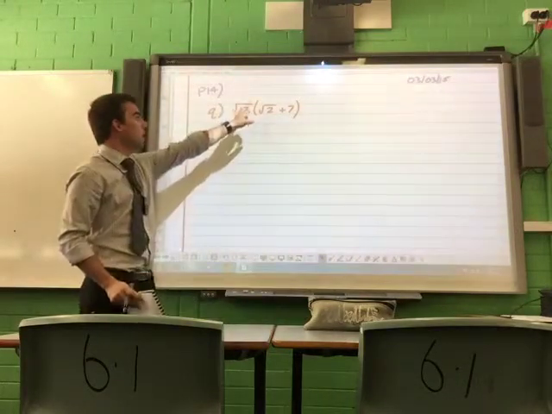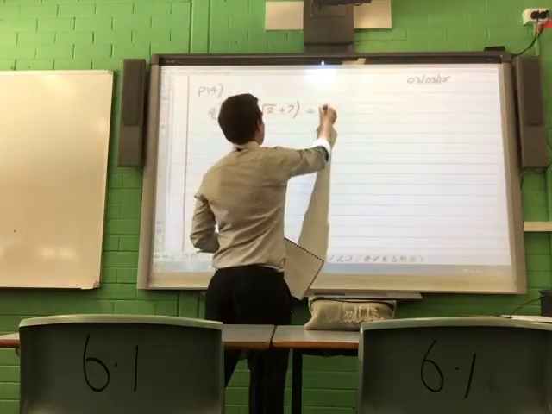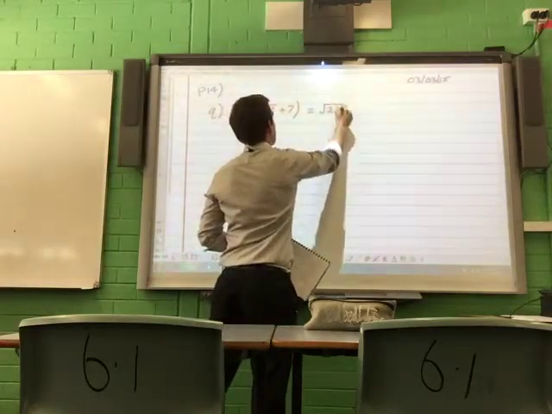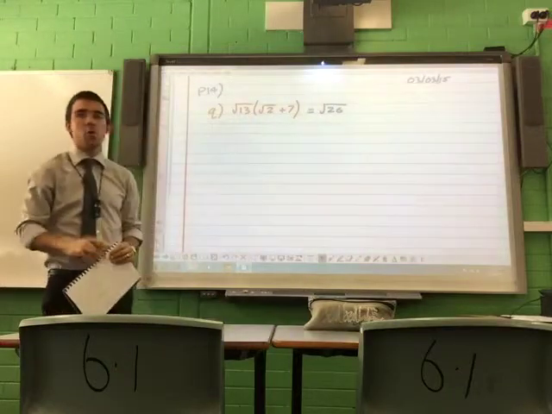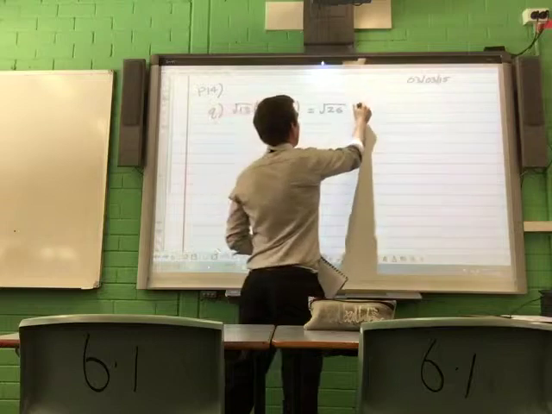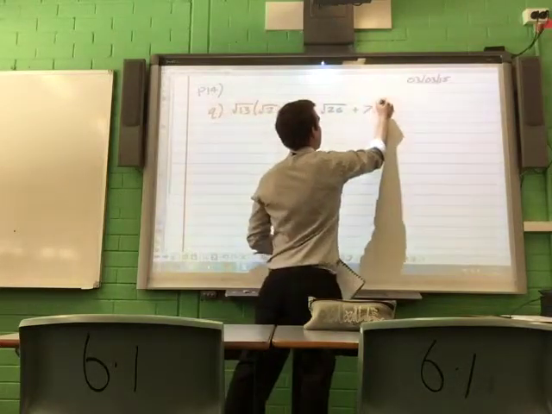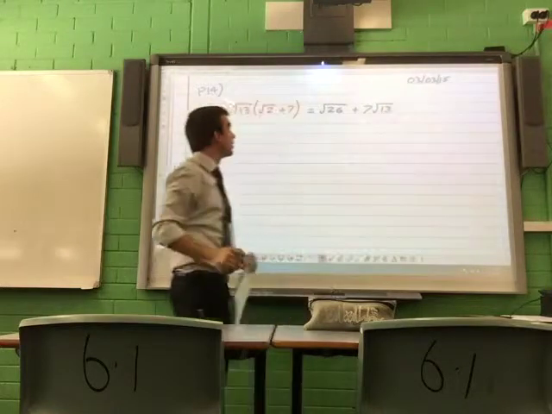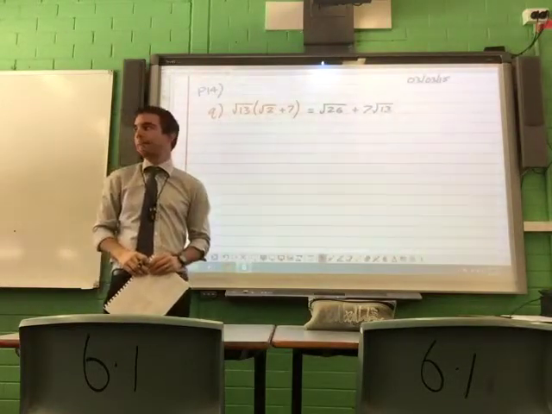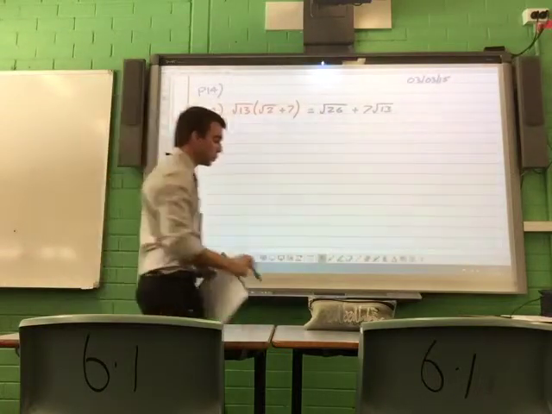So root 13 times root 2, we can put them all under the same symbol. 13 times 2 is 26, so put them all under the surd symbol. Plus number times the surd, treat like algebra, 7 times root 13, 7 root 13. So treat it like your algebra. Same sort of rules apply.